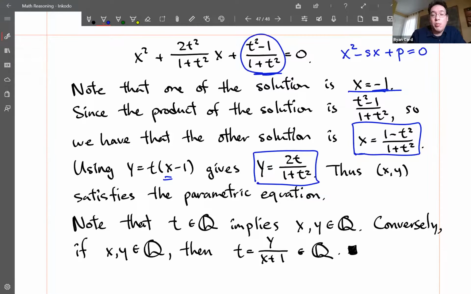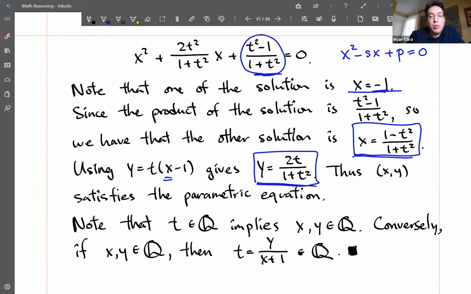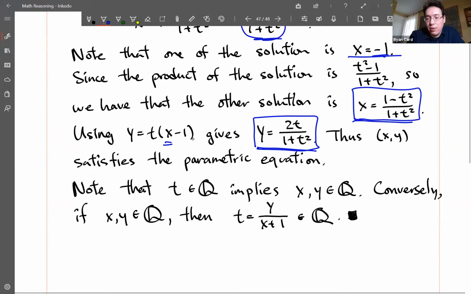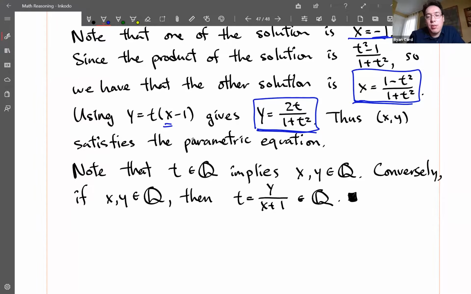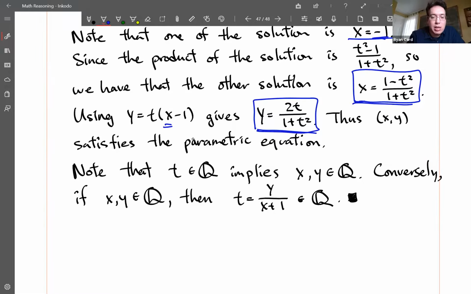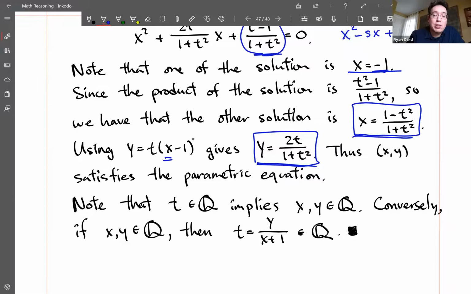So we started with the point on the circle, and we were able to find a t that expresses x and y in this particular way. So we've now shown that you're on the circle except for the leftmost point if and only if you can write it in this parametric form.